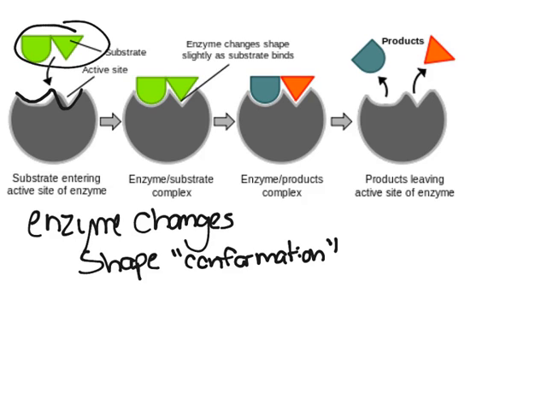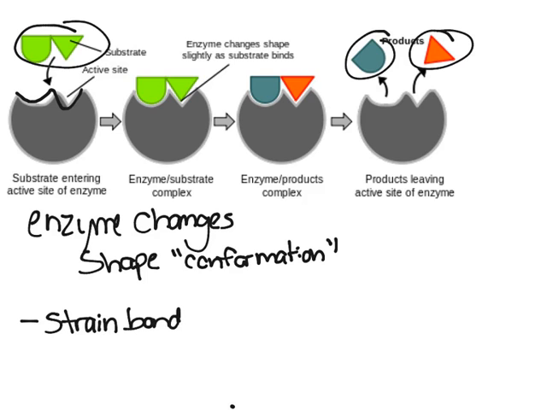And so if you're trying to make a reaction happen, like breaking a bond to make these products, for example, the enzyme can strain the bond, which will make it more likely to break.